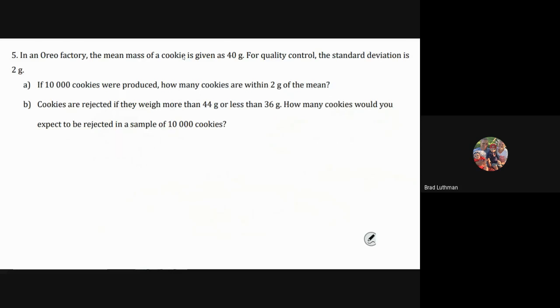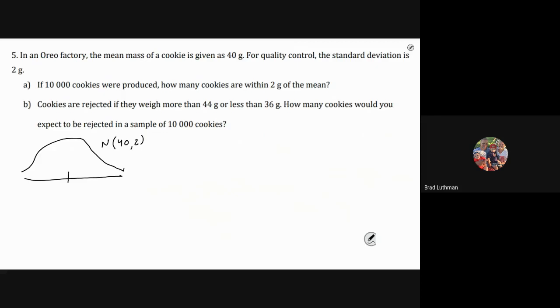In an Oreo factory, the mean mass of a cookie is given as 40 grams. For quality control, the standard deviation is 2 grams. If 10,000 cookies were produced, how many cookies are within 2 grams of the mean? Interesting. This is going to be a pretty quick one, I think. Normal. My drawings are getting worse the longer this video goes.